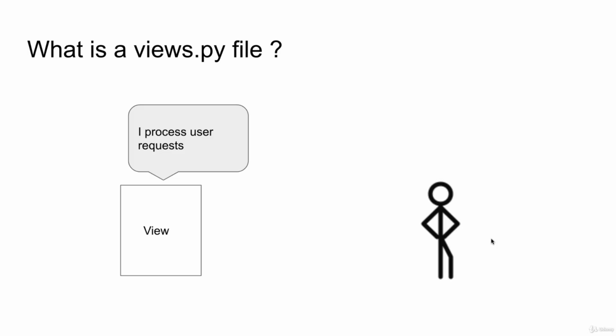So for example, let's say this is a user, and this user sends a request to the browser. Let's say it sends a request of facebook.com/xyz, where xyz is the name of a particular Facebook user. Now Django's job is to go ahead and process this particular user request. And the processing of this request is done by something called the view, which we have on the left hand side.